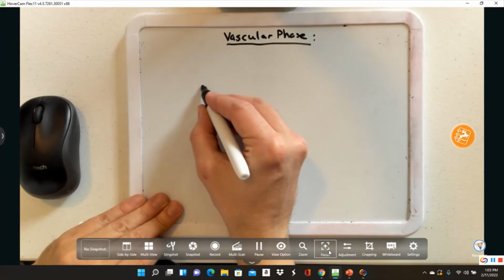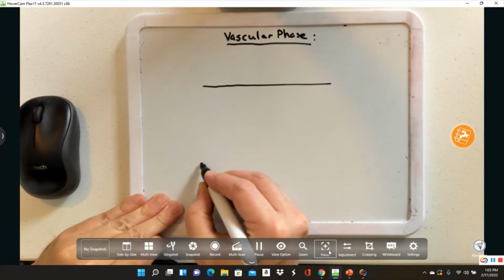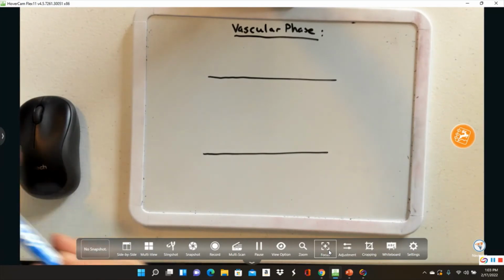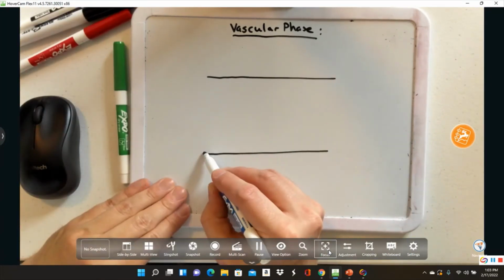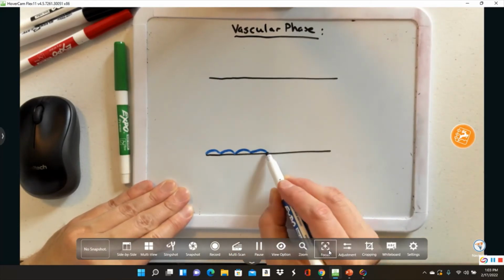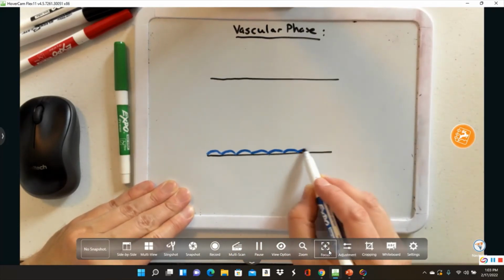Now, one of the things I want to do is talk about the vascular phase of hemostasis. Let's basically go in and look at a blood vessel, especially kind of a small blood vessel, and help us understand what's going on.